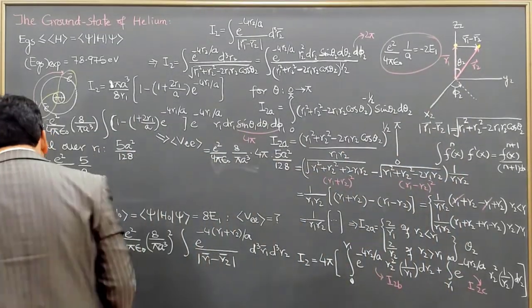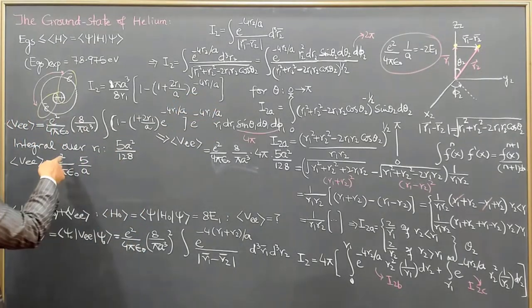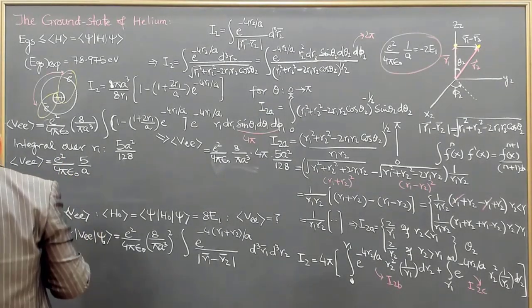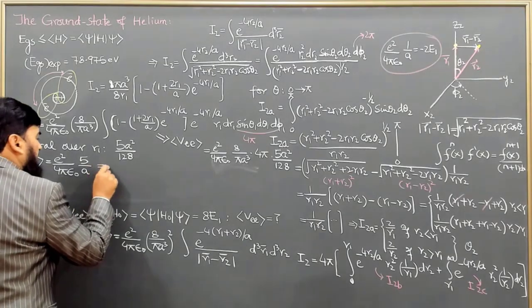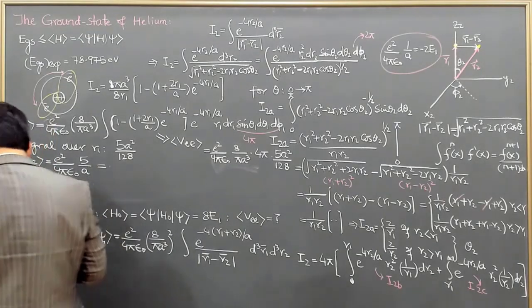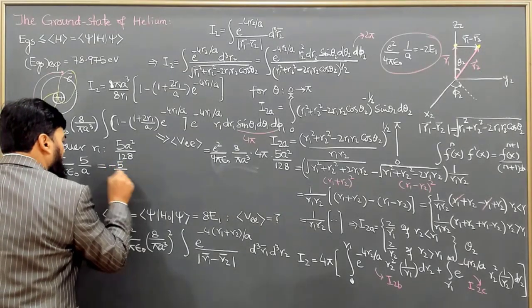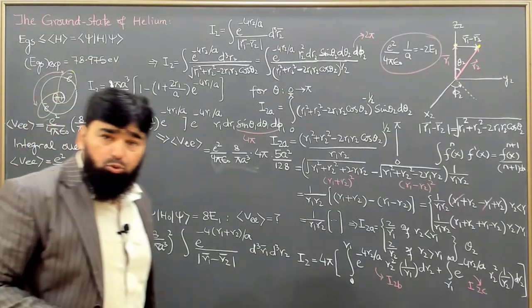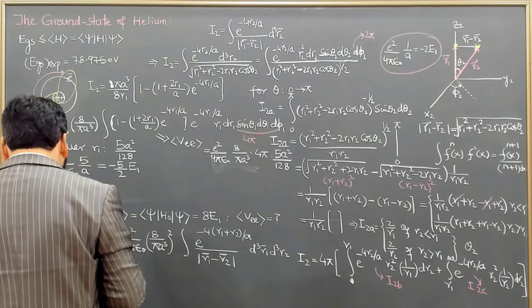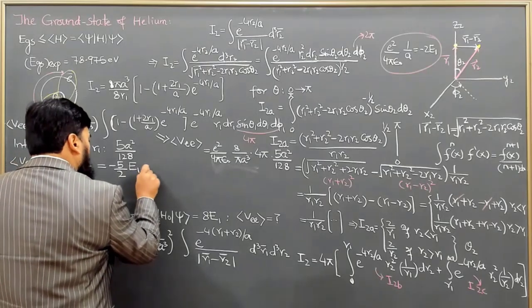This is one of the results we know from the Bohr radius calculation. Energy and radius are related with this, so looking back to that equation, e square over 4 pi epsilon naught and 1 over a is there, so by equating, this is minus 5 over 2 E1, because I write it in terms of E1, which is 13.6 electron volt.